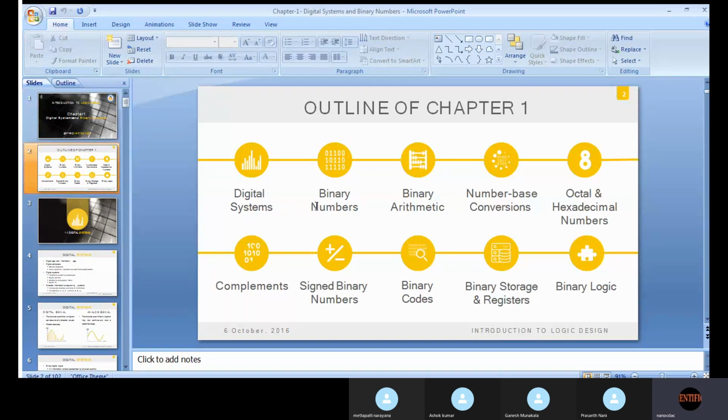We will go with this flow of the syllabus: binary numbers, binary arithmetic, number base conversions, octal and hexadecimal, binary logic, registers, codes, signed binary numbers, and complements.